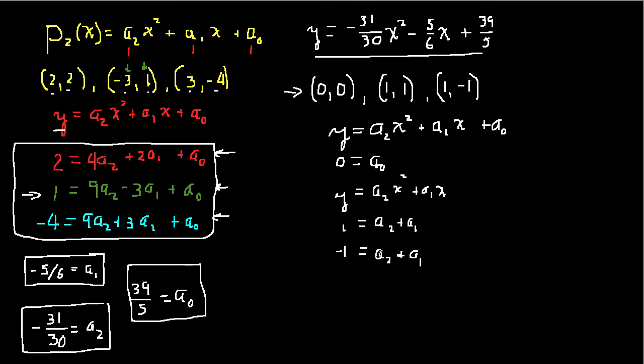Well, obviously that can't happen. A1 plus A2 equals 1 and A1 plus A2 equals negative 1. That doesn't fly. If I subtract this equation from this equation, negative 1 from 1 gives me 2, and then A2 from A2 gives me 0, and A1 from A1 gives me 0, so I get 2 equals 0, which is an obvious contradiction.